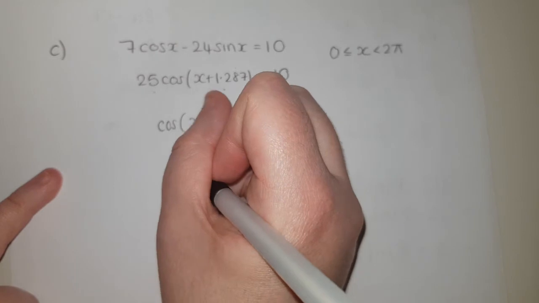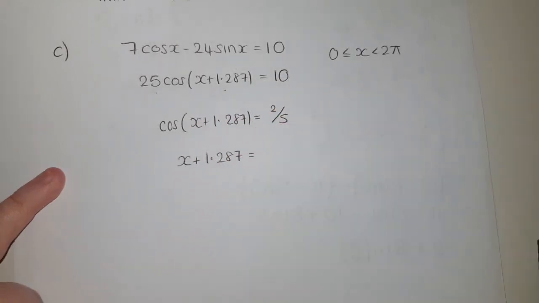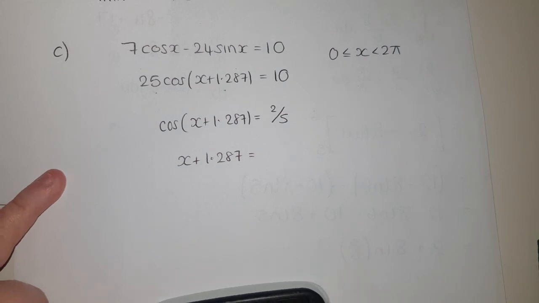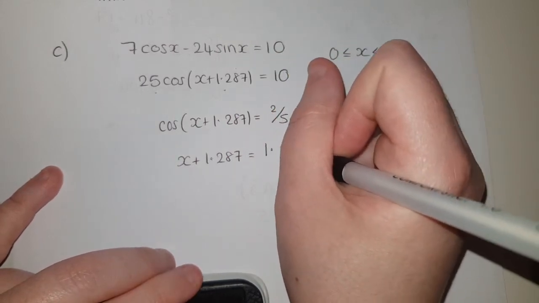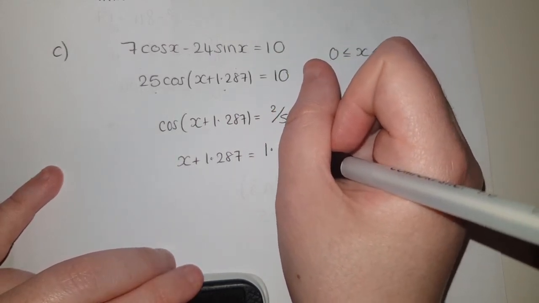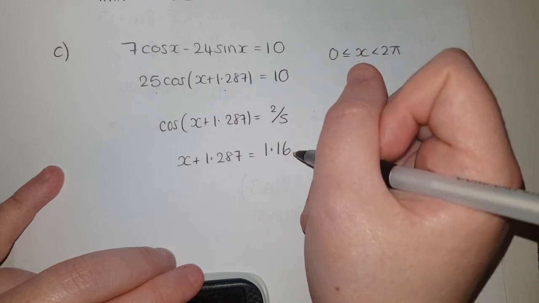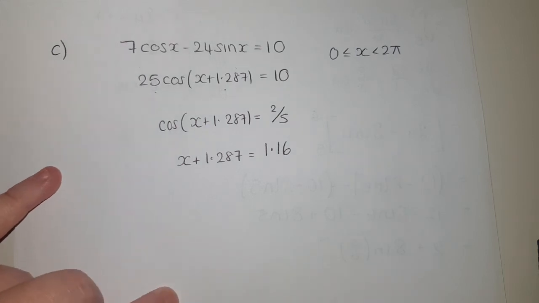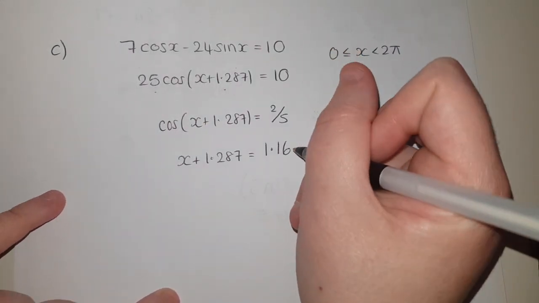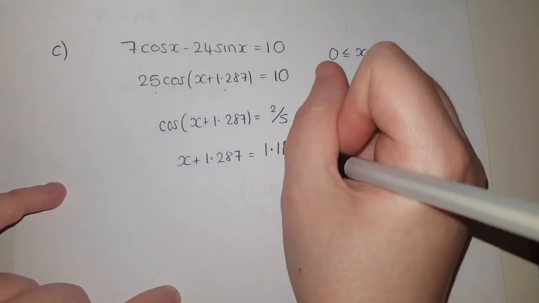In which case, if you take cos to the -1 of 2/5, we're working at 2 decimal places, so 1.16. In fact, if we don't quite round just yet, 1.159.